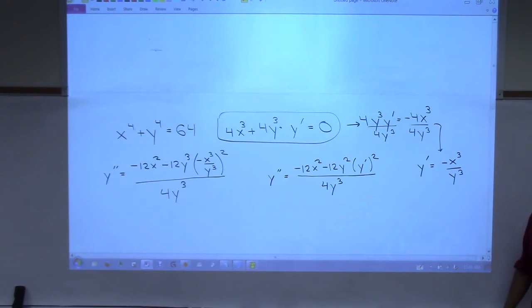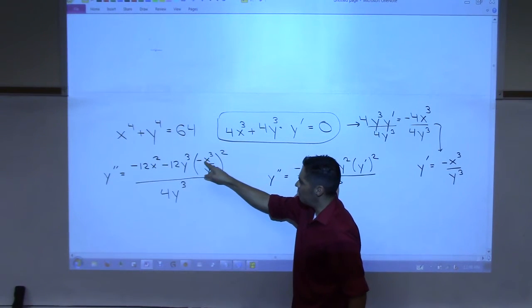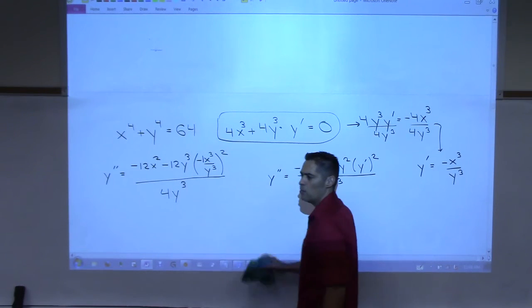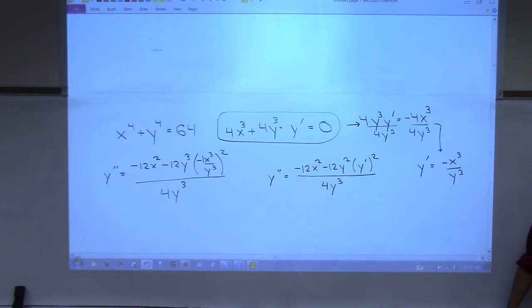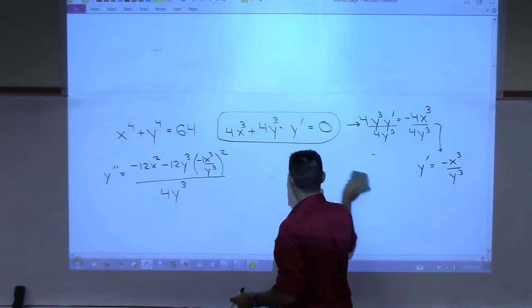What do you do when you have a fraction squared? Square top and bottom separately. When you square this thing, let's say that negative is with it, right? Negative 1 on top. You square the negative 1, so it becomes positive. X to what power? X to the 6th.